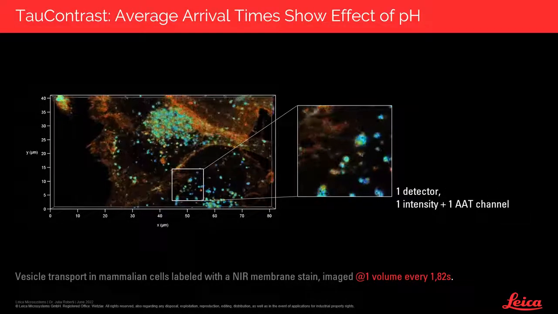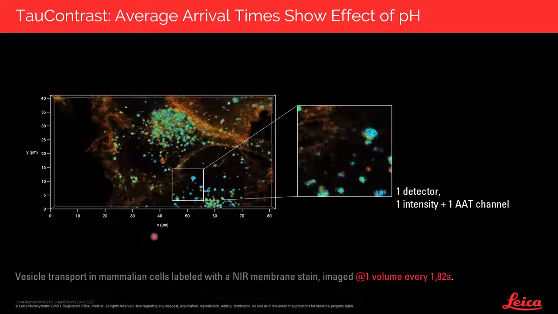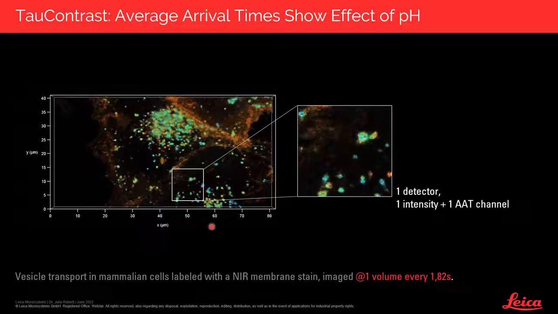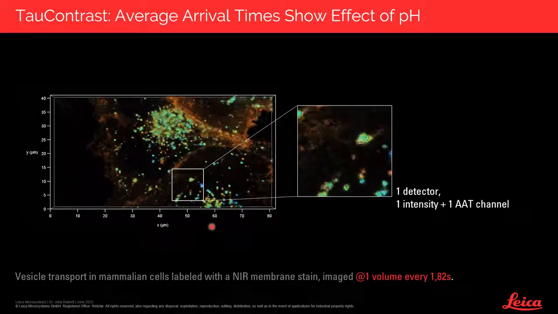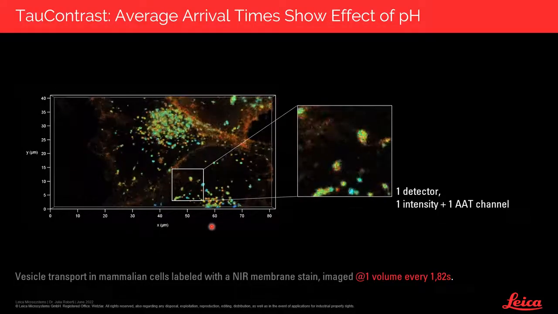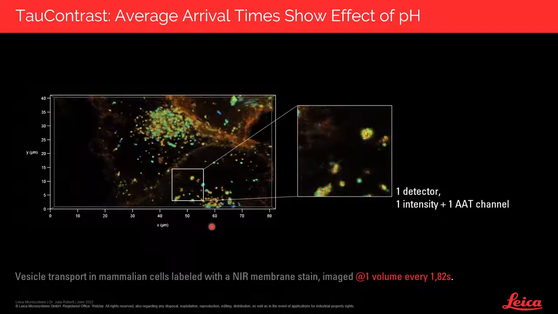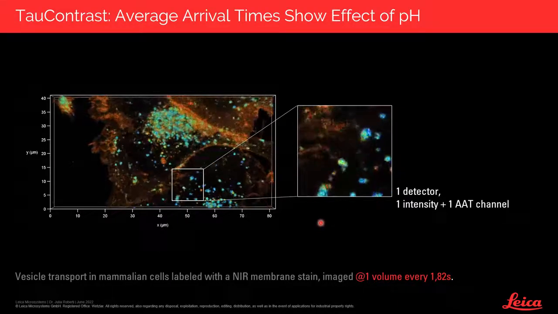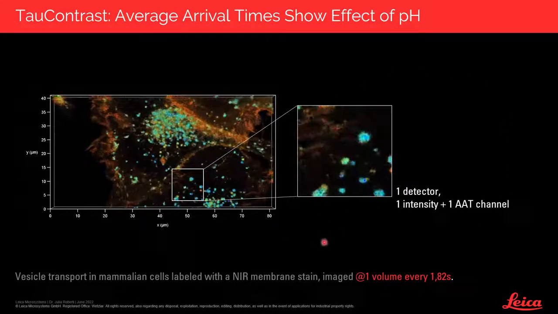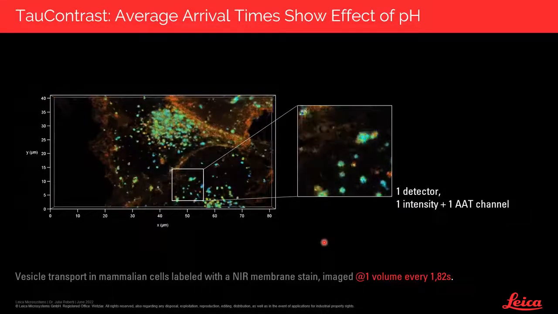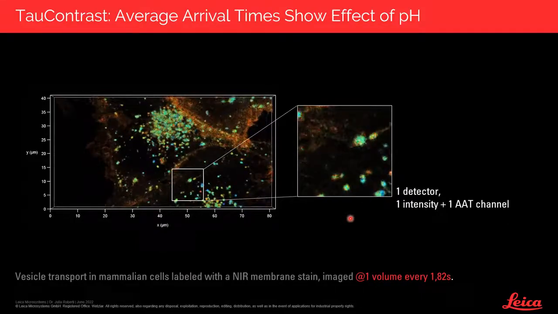So here we go. The first special tool that I want to show you is tau contrast, where we use the average arrival time of the photons, and that is lifetime-based information, to reveal what the vesicles are doing. So now we have the speed and we have the pH sensing information because the NIR probe that we are using behaves differently at different pH values.